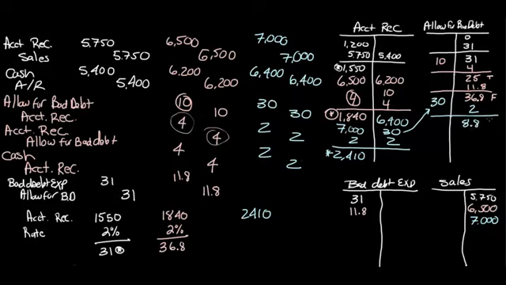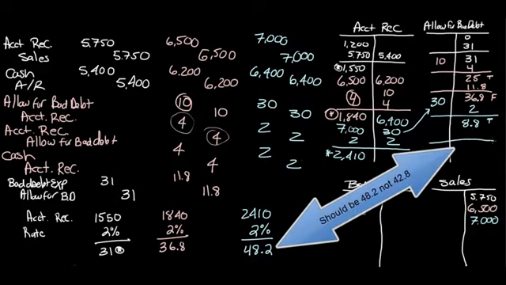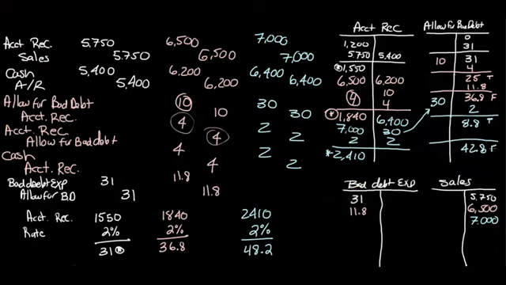And again, let me show that as a temporary number. Multiply my 2,410 by the 2%, and that gives me a balance of 48.2. This is the amount I want in the allowance for bad debt account as my final balance.